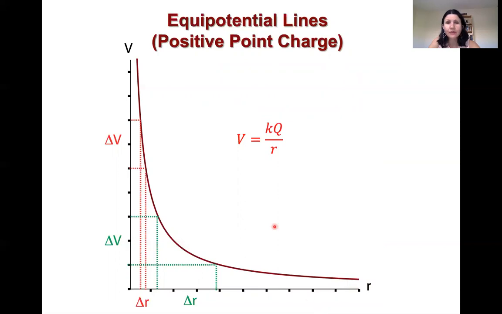So let's see how we would draw these equipotential lines. We know that, for a given distance away from that charge, there is a specific voltage. So for drawing a two-dimensional equipotential surface, we would have the center representing the charge and circles with the same radii representing the equipotential lines.